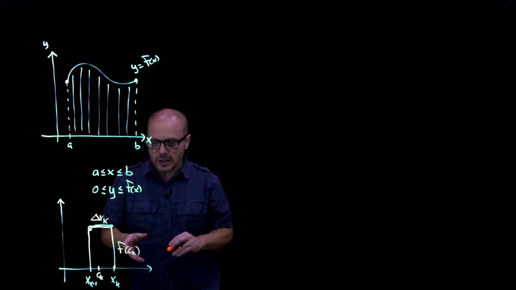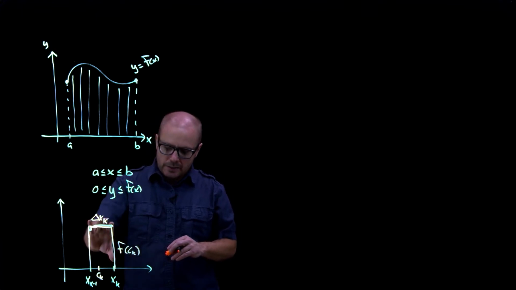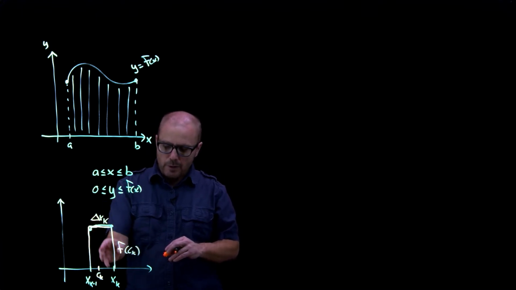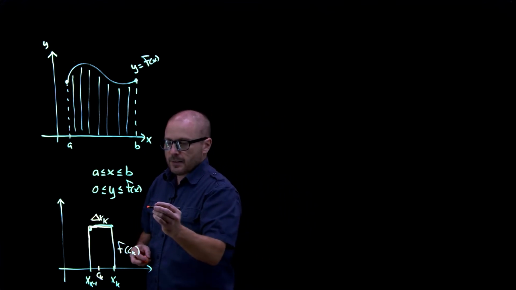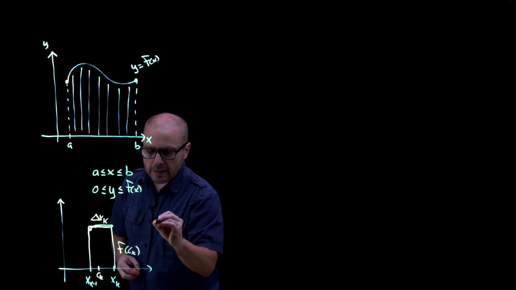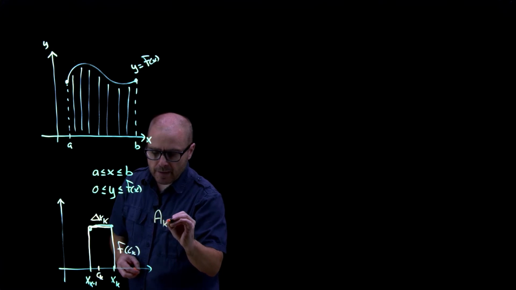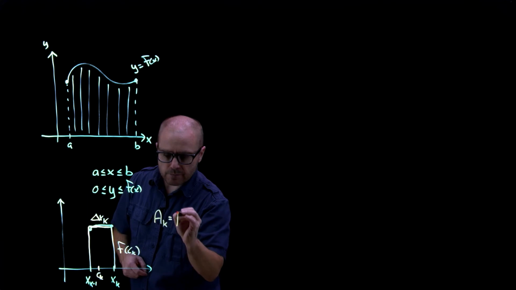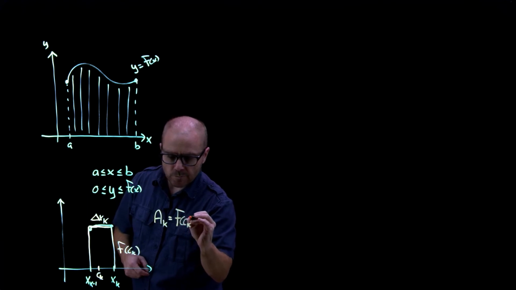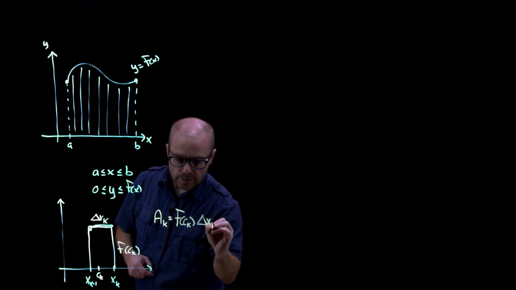So area for us was based on this product that was really representing the area of a rectangle. That's what the Riemann sum was. That little, I'll call it a sub k, the kth area approximation was this times this.